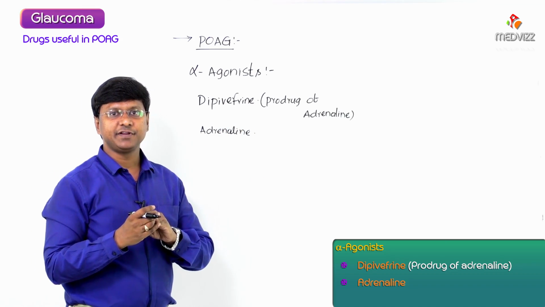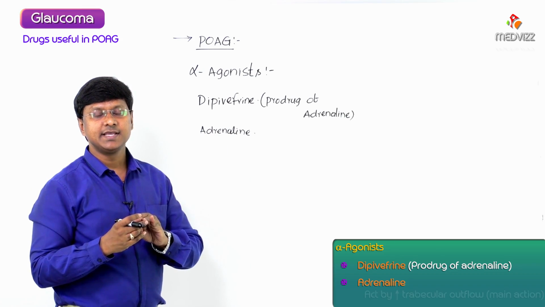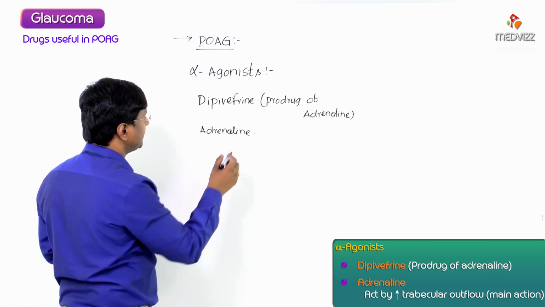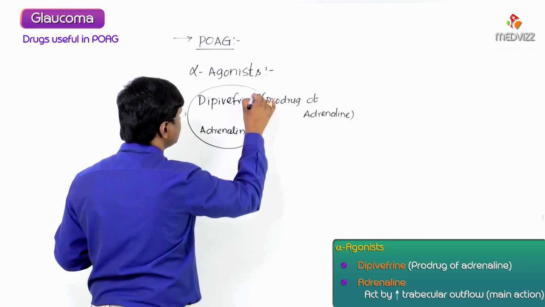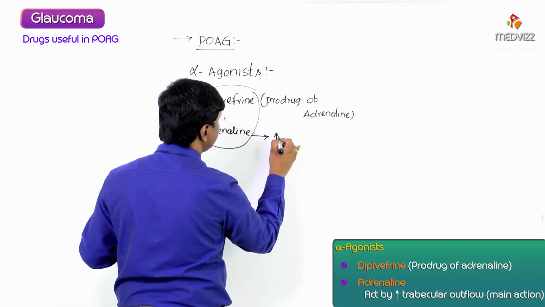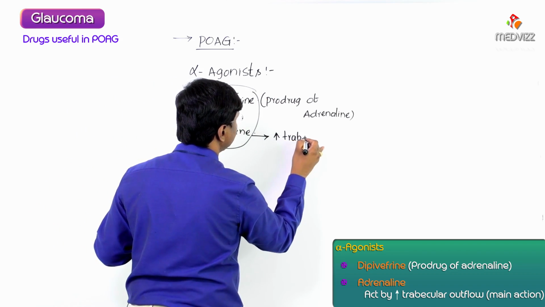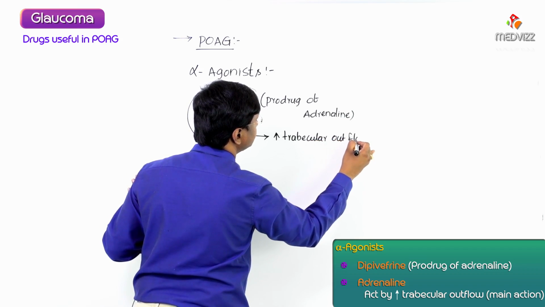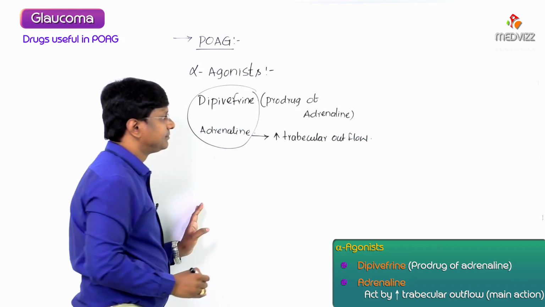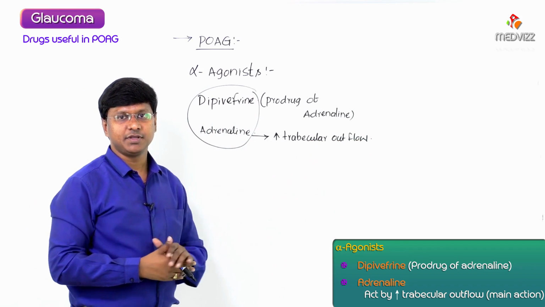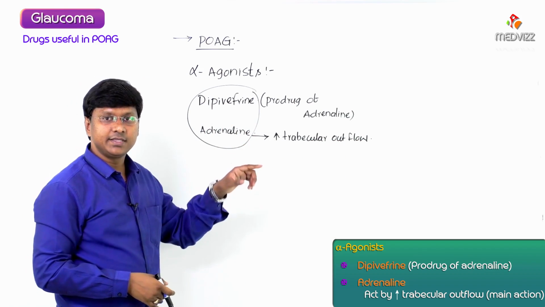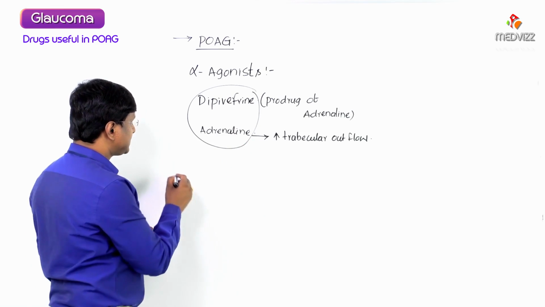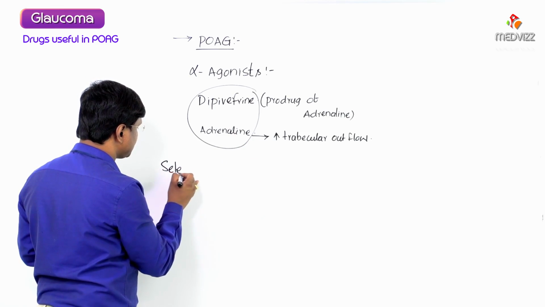So dipivefrin and adrenaline act by increasing the trabecular outflow. So thereby the intraocular pressure decreases. Whereas we have selective alpha 2 agonists.